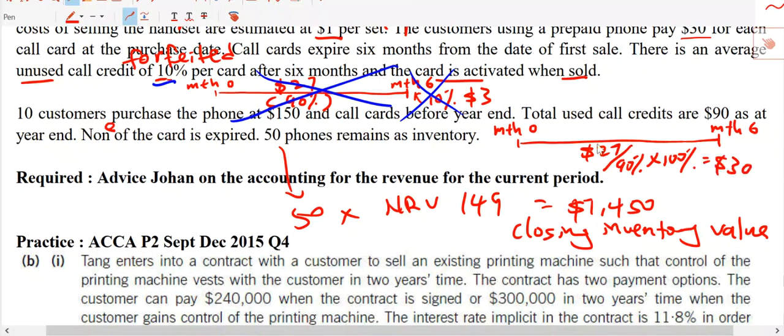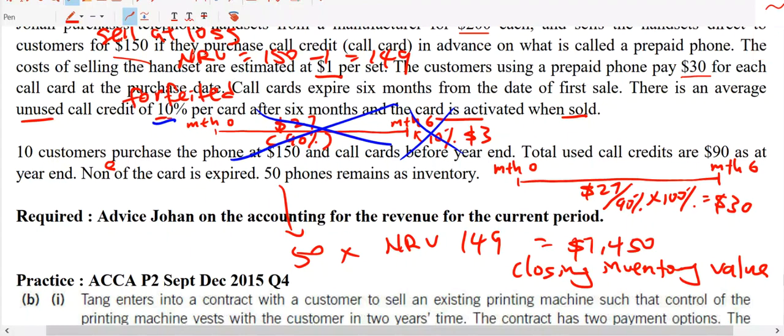So you have to recognize $30 within the first 6 months. You don't recognize 27 for the first 6 months, then after 6 months only kick in the $3. No, you don't do that. You have to progressively recognize the full 30 within the 6 months. Okay.